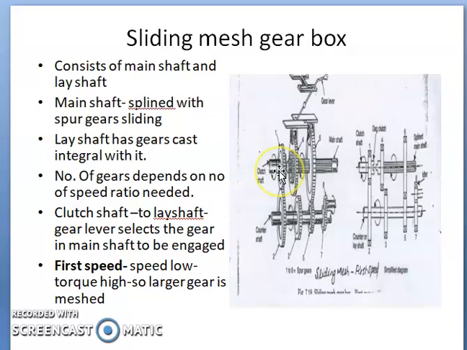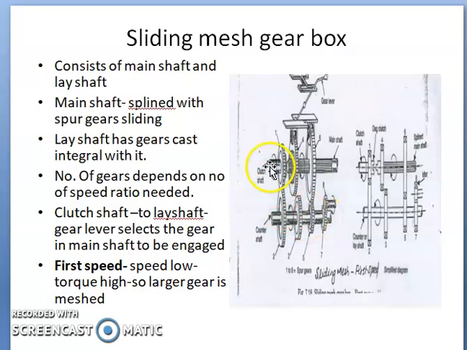For the first speed, the clutch gear is getting engaged with the counter shaft. If this is rotating in the clockwise direction, this will rotate in the anti-clockwise direction. Since I want a smaller speed, the lever selects the larger gear and engages it with the smaller gear on the lay shaft.